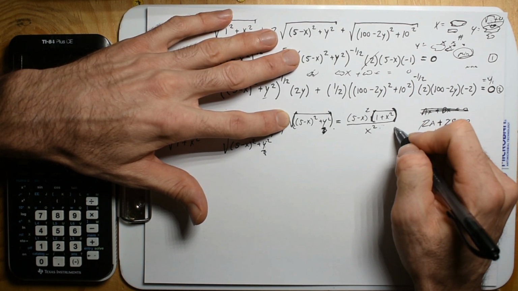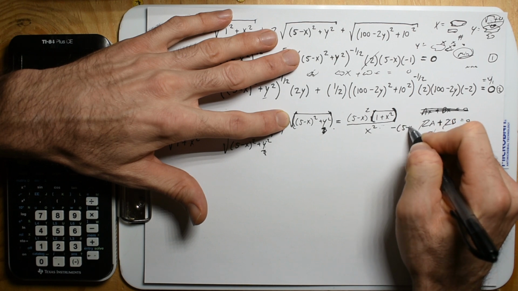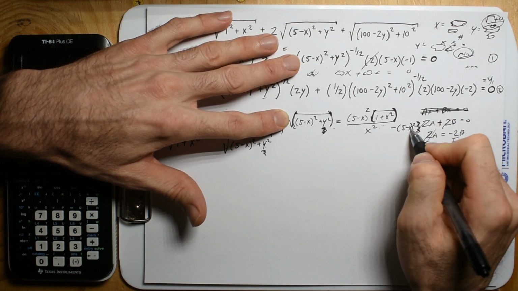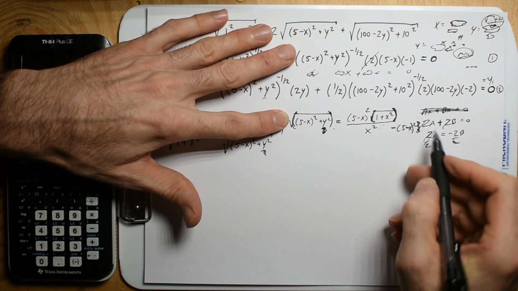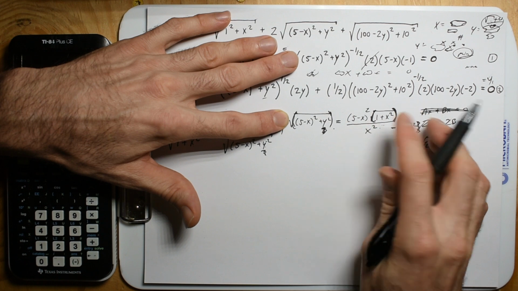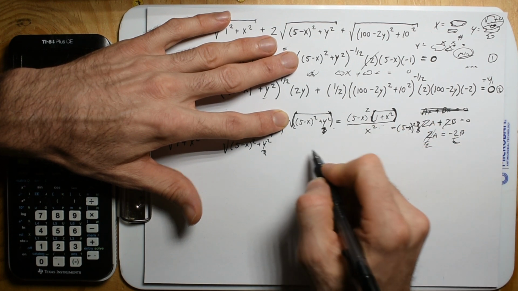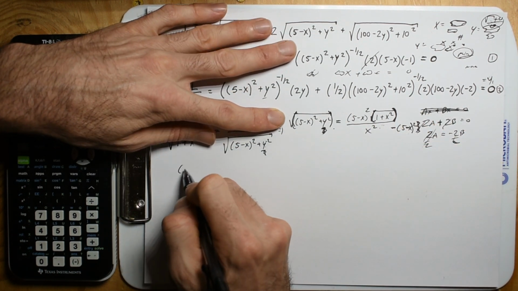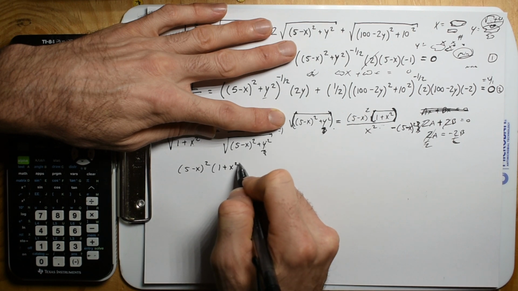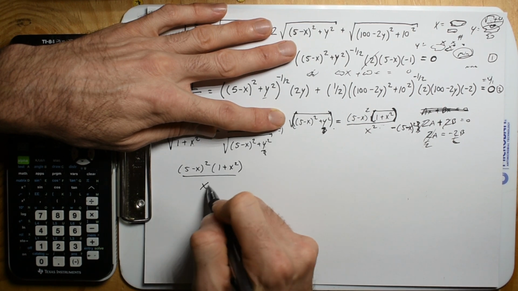So now we're going to subtract over here 5 minus x squared. Now we have this minus this. The only way we can add fractions is if the denominators match. So let's rewrite this. We have 5 minus x squared, 1 plus x squared divided by x squared.